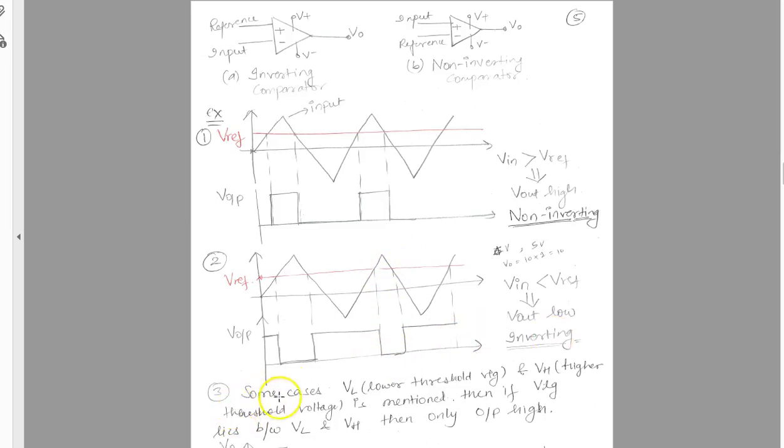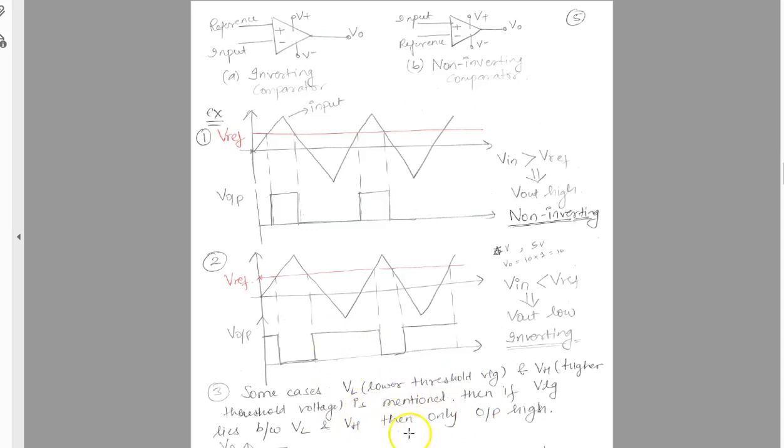The third case could be when you have a lower threshold voltage and a higher threshold voltage mentioned. If the voltage lies between the lower threshold voltage and the higher threshold voltage, then your output will be high during that time.